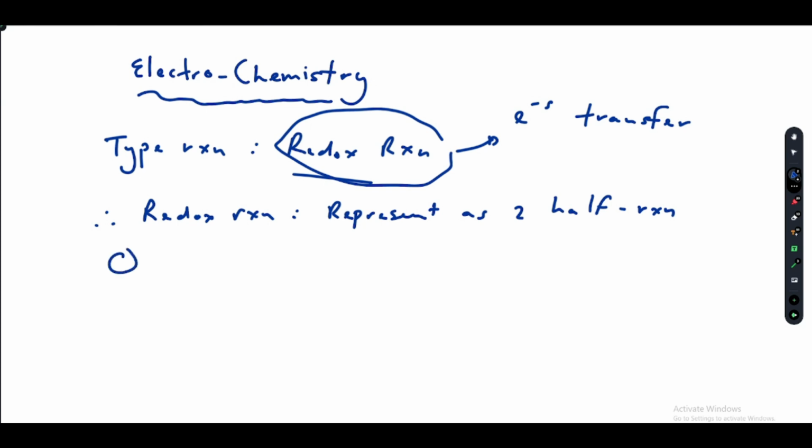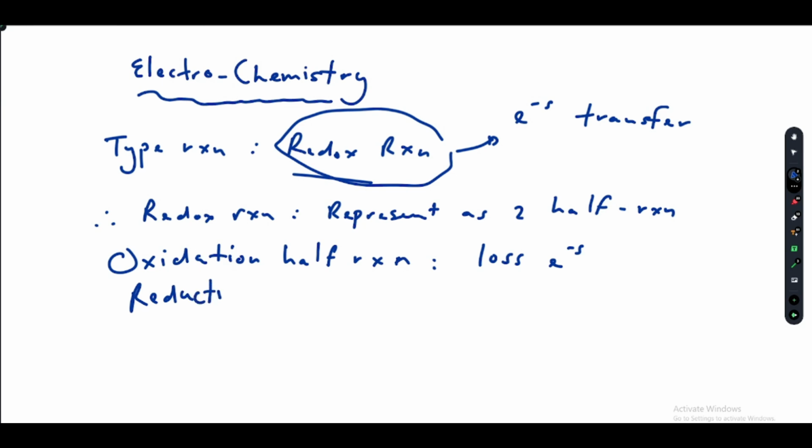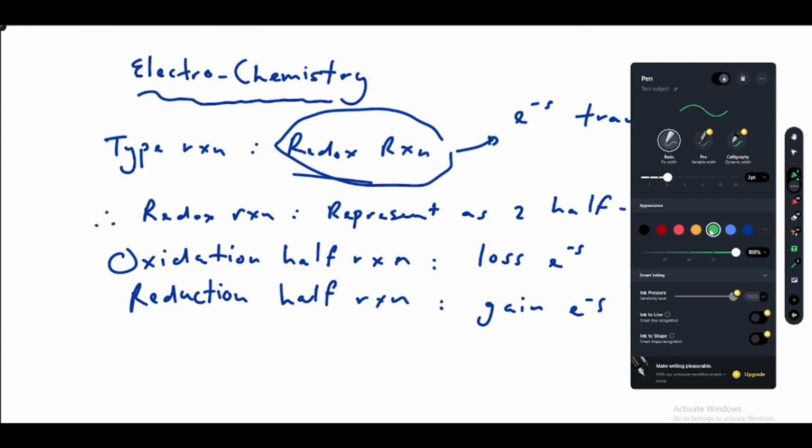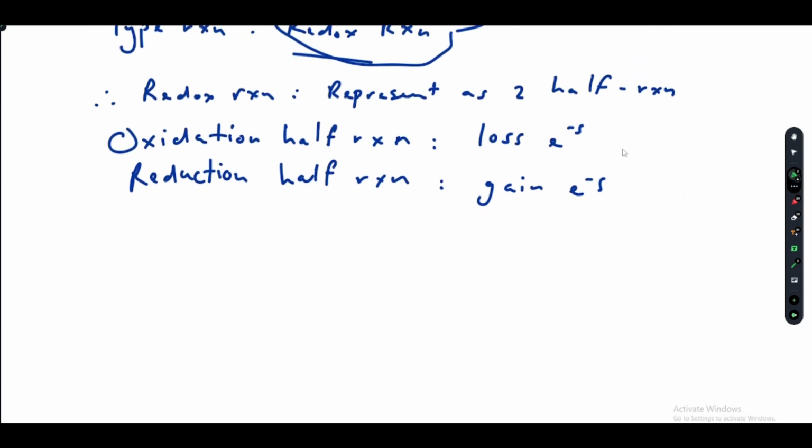So we must note that the oxidation half reaction is the one that shows us loss of electrons, whereas the reduction half reaction will therefore show us a gain in electrons. There's a simple way to remember that oxidation is loss and reduction is gain.